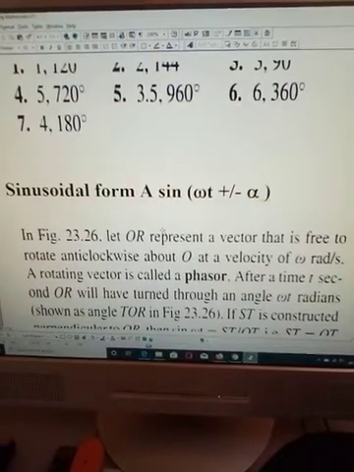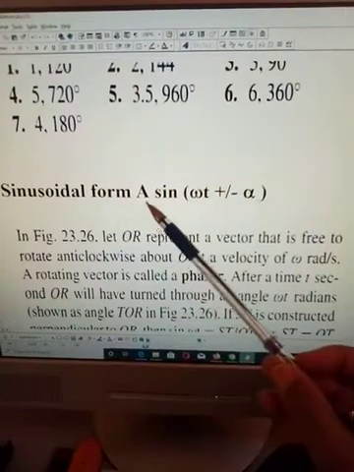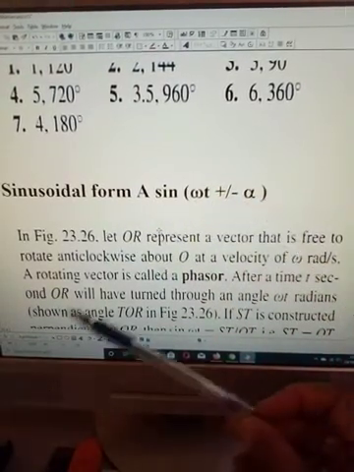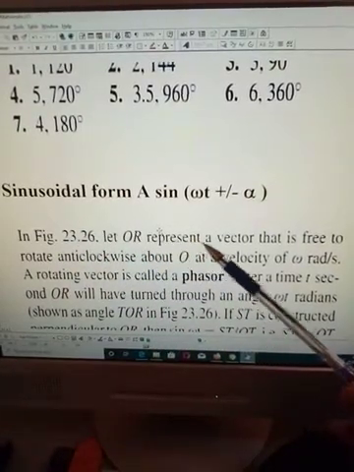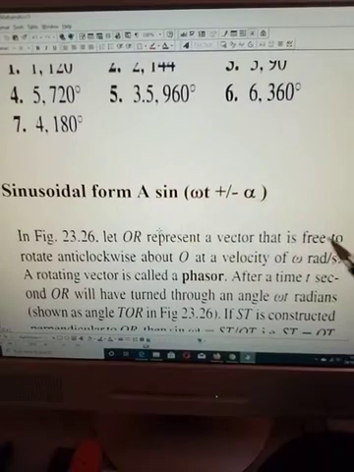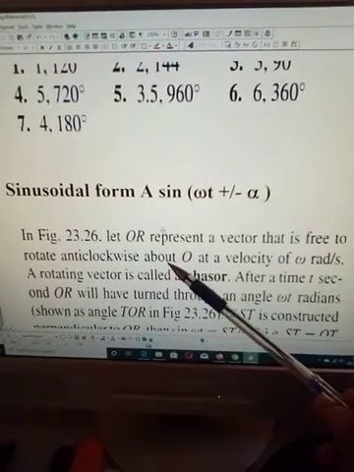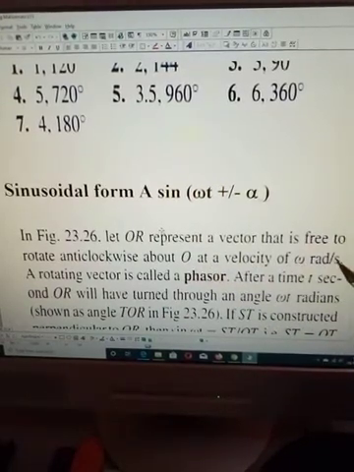And here we are looking at now sinusoidal form A sine omega t plus or minus delta. In figure 23.26, let OR represent a vector that is free to rotate anticlockwise about O at a velocity of omega rads per second.